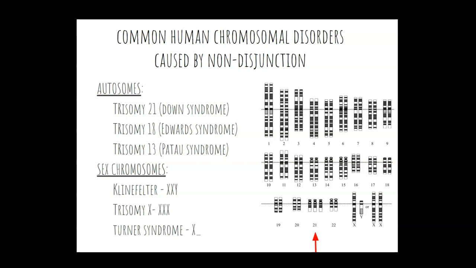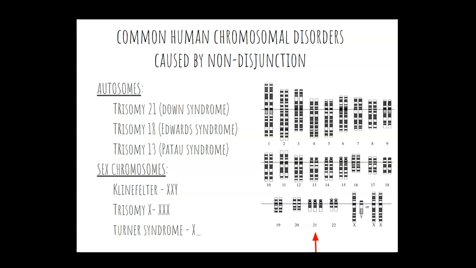Now, non-disjunction is something that happens at random during meiosis, and it can happen in both sperm and in eggs. Now, in human females, the rate of non-disjunction errors increases with maternal age.